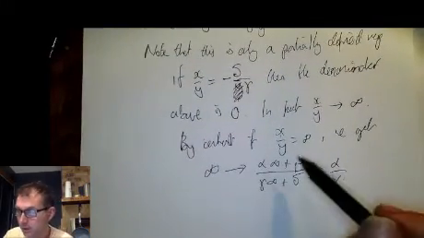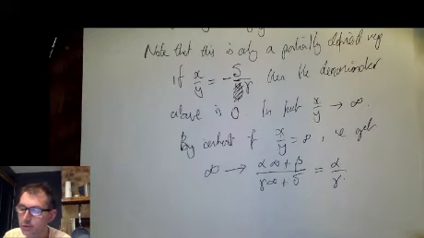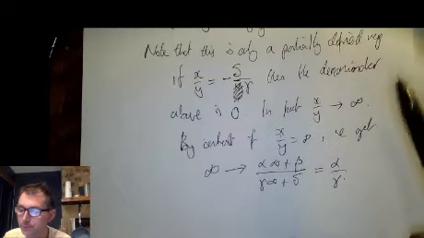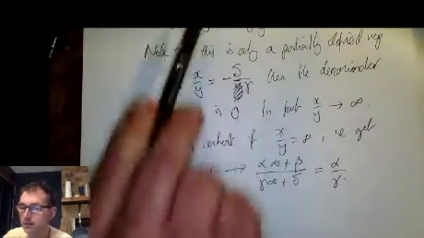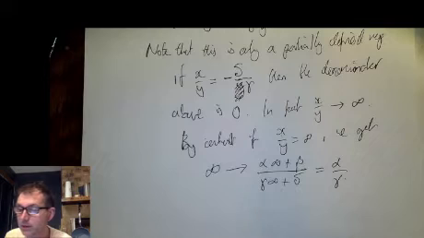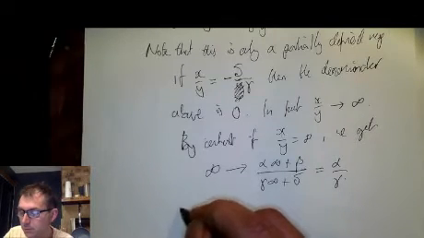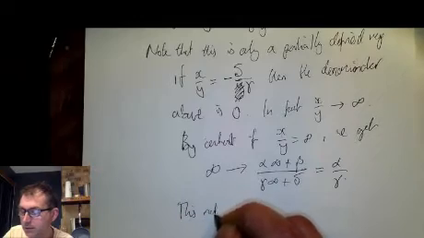And at the level of homogeneous coordinates, this makes sense, because the point that you don't get in the affine chart we're looking at is where y is 0.